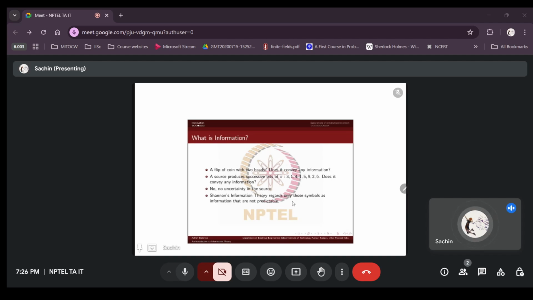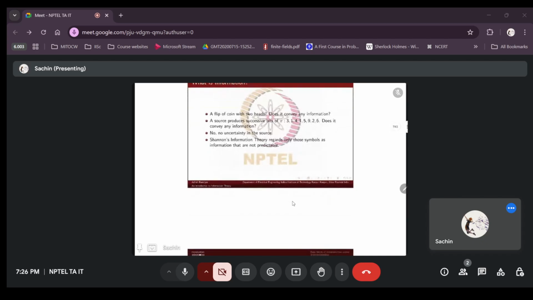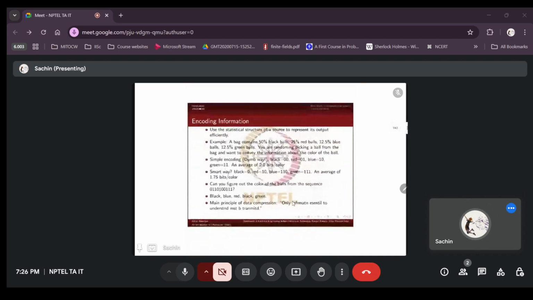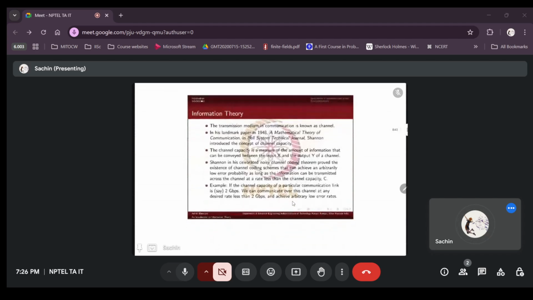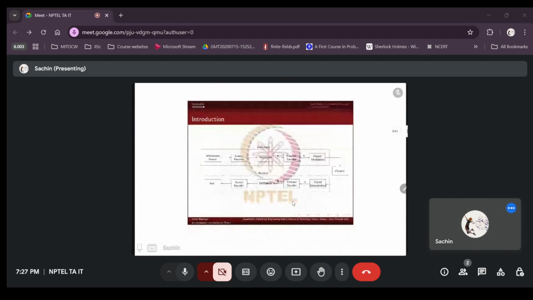That's why throughout the entire course, we assume that the thing we are sending is a random variable that can take multiple values with each value having a certain probability associated with it. Here is the information source.